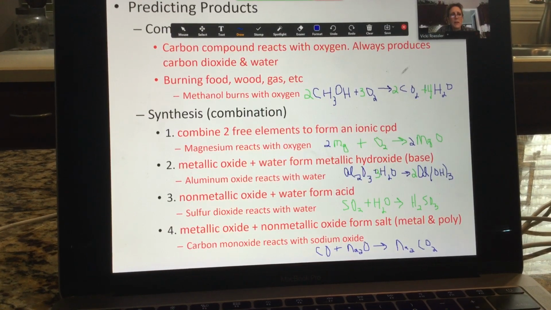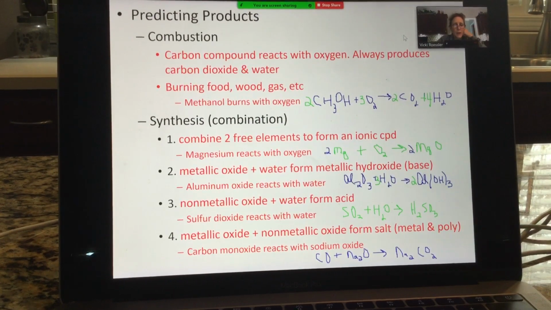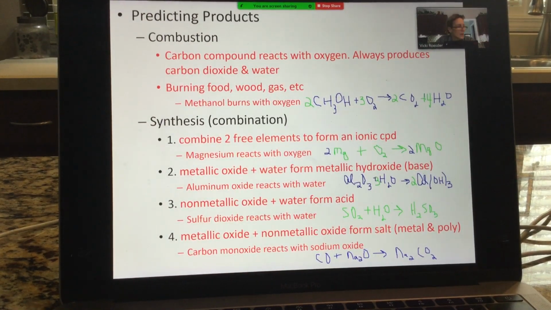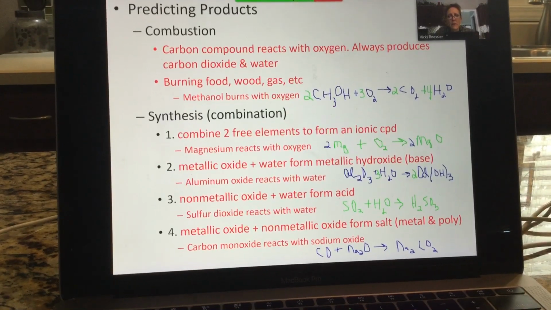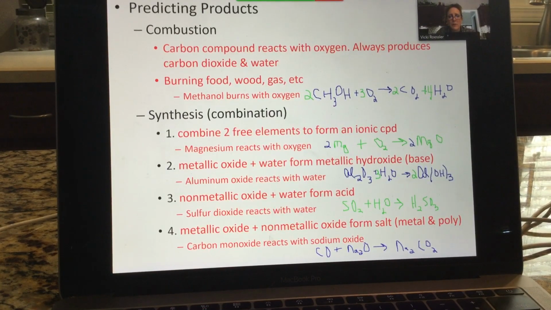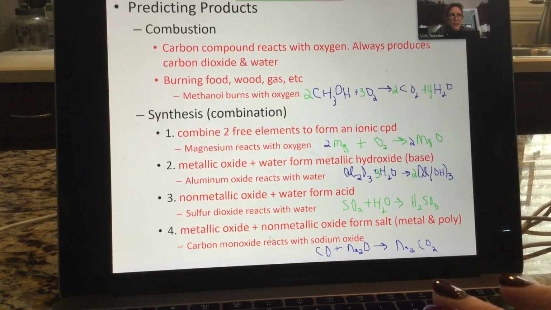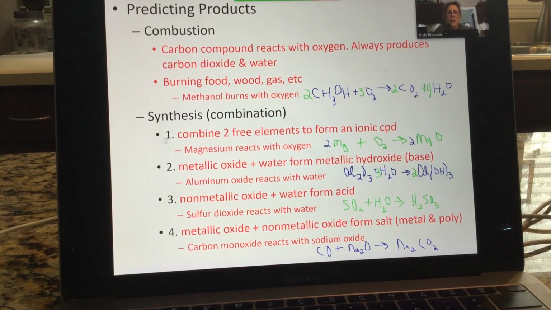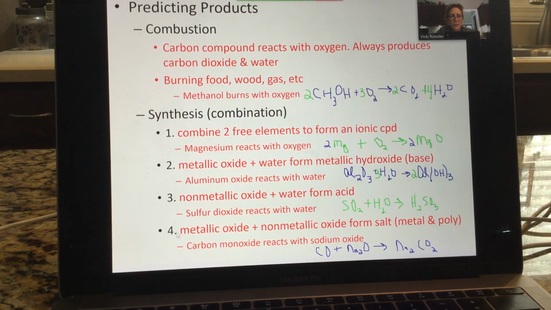Okay? So that's it for our notes today. I'm going to do the corresponding homework, the synthesis and combustion worksheet. And again, on all of those, it will just give you the reactants only. If you want to, you can write off to the side that it's a combustion or a synthesis 1, 2, 3, 4.